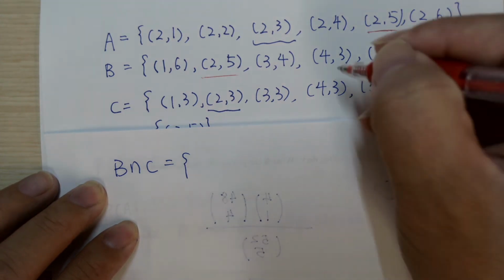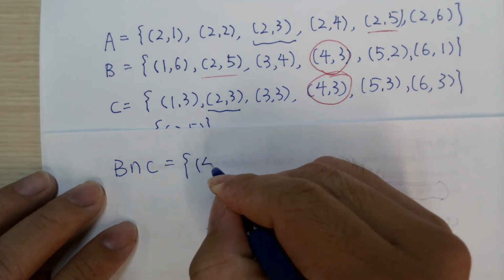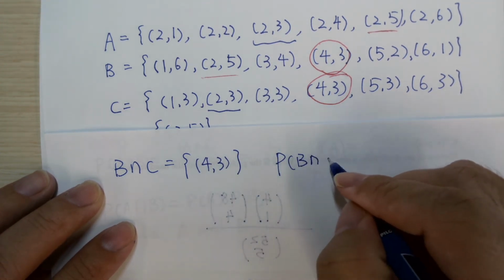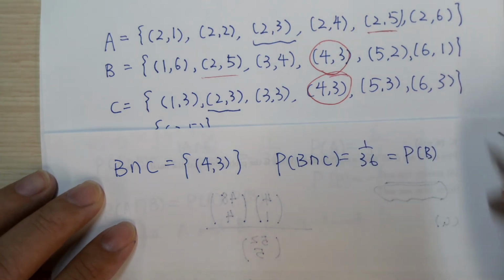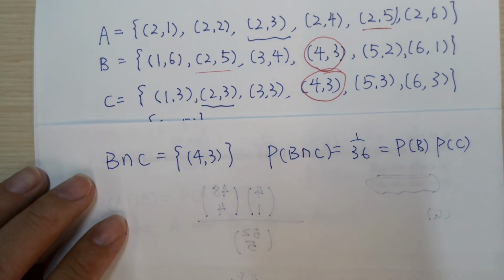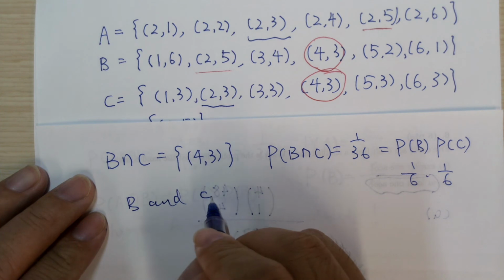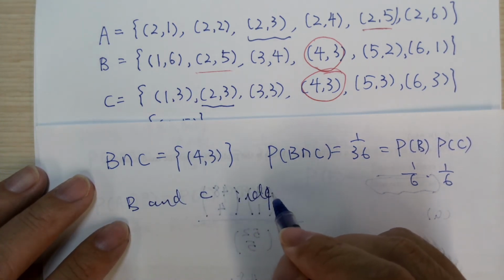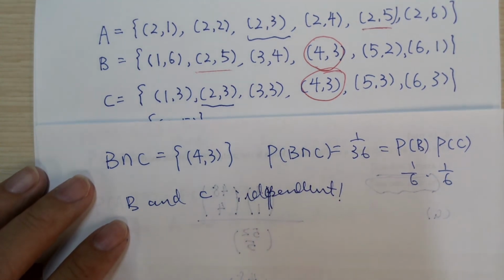As you realize, it's only this 4,3 here. And easily you can derive that the probability of B intersect C is 1 over 36, which is equal to the probability of B times the probability of C, which is 1 over 6 times 1 over 6. So hence B and C are also independent.